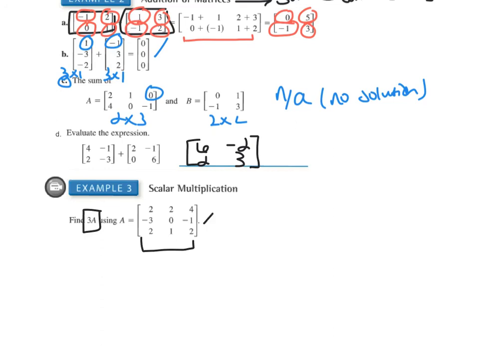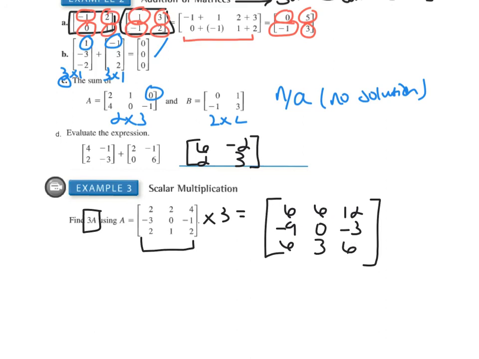So literally take all of these, multiply them by 3, and your matrix would be 6, 6, 12, -9, 0, -3. Do the last row by yourself right now. That's right, you get 6, 3, 6.